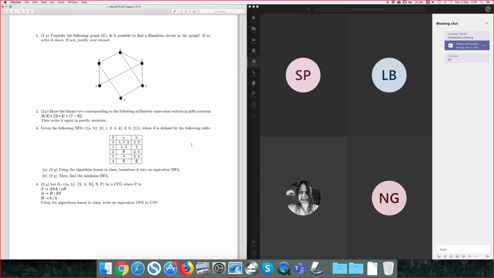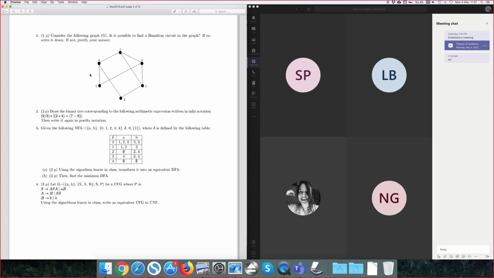So you can see what you can expect from the exam, okay? It will be somehow similar to this, okay? So I'm going to first solve the questions about graphs in this exam, and then I'm going to solve some more exercises from the worksheet for Unit 3.